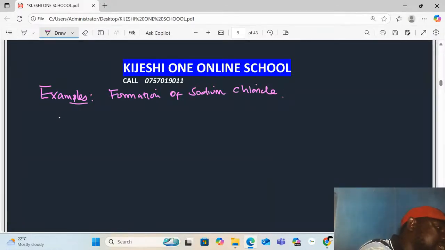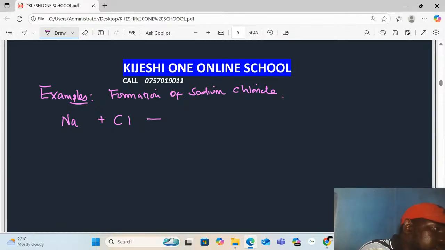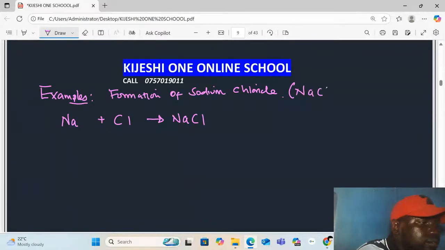We shall say that it is the sodium atom reacting with a chlorine atom, so that we can have the sodium chloride. In this case, let's keep away the issues of balancing the equation.